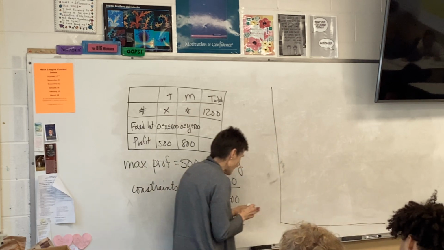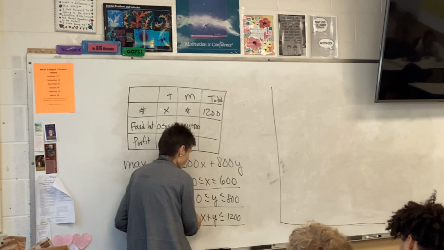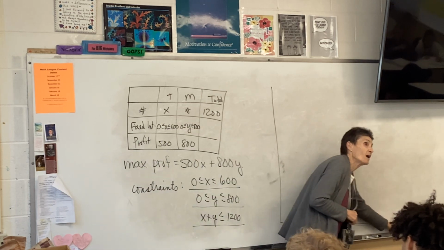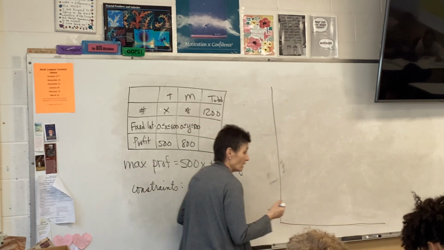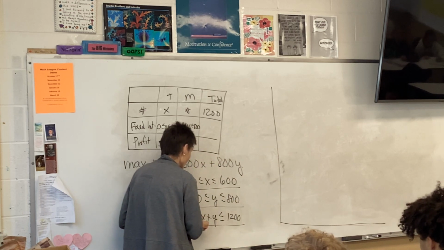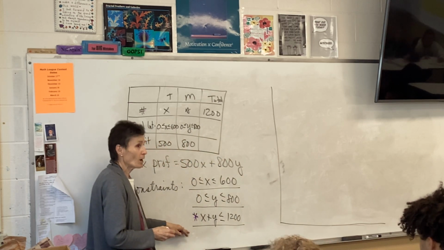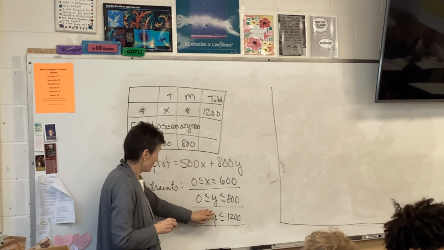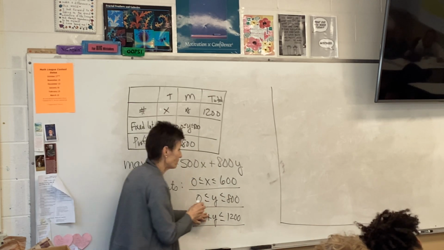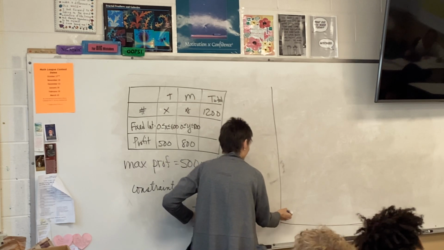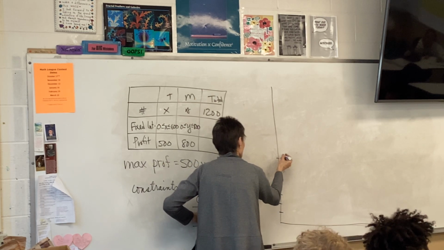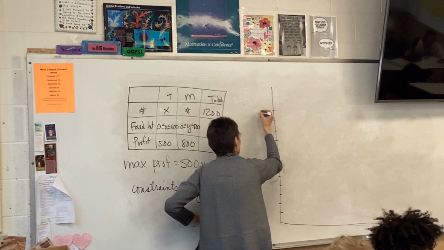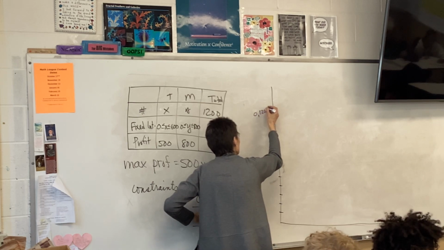Now, I think I'm going to do this one first, and I'm going to use a scale of 100. You know how to do this one. We've done this one in all of our problems. If I cover up X, what's Y? So 1, 2, 3, 4, 5, 6, 7, 8, 9, 10, 11, 1,200.